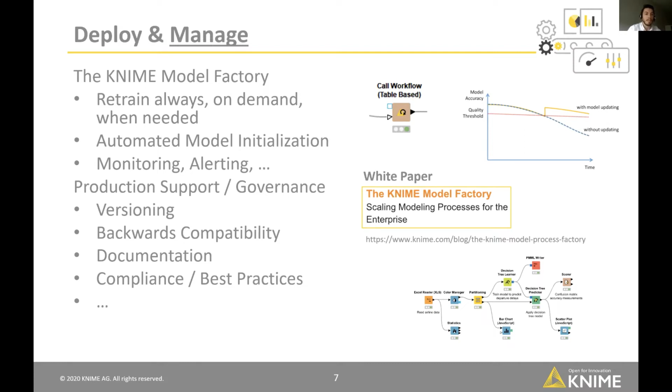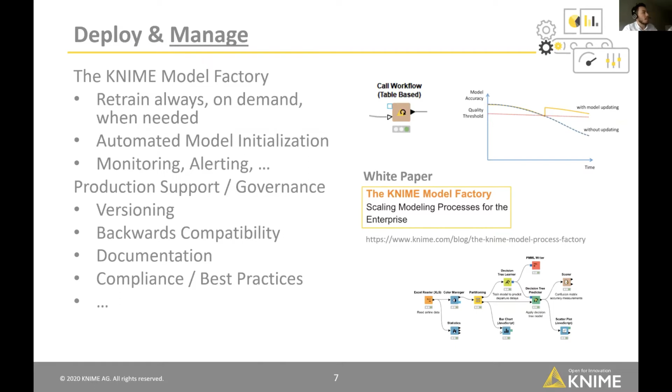And then once you reach the point where you have the model that is already performing well with new data that have been used to train that model, you can save the model and then use it in the production environment or in the production workflow.